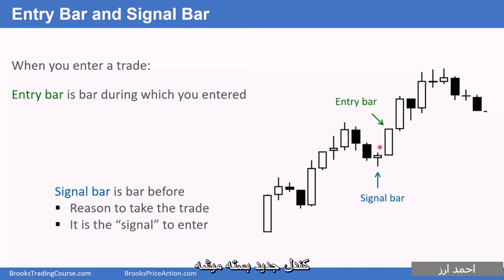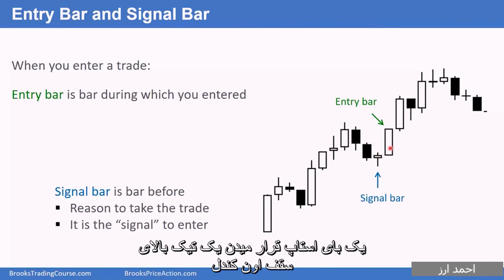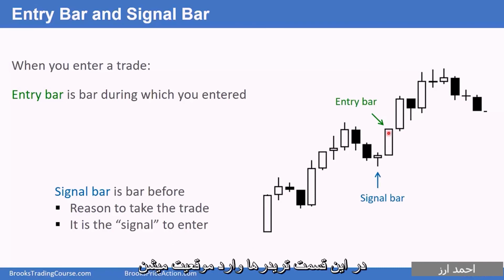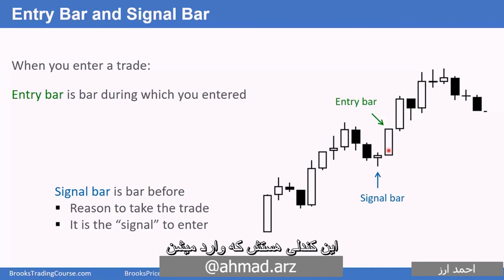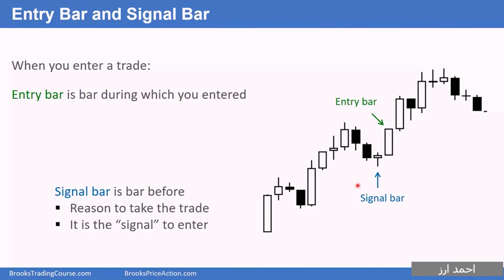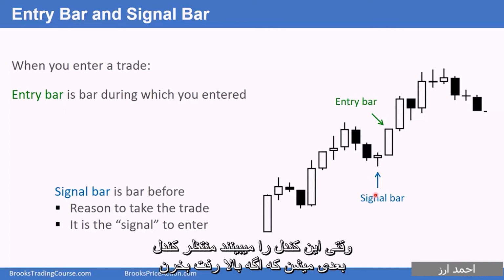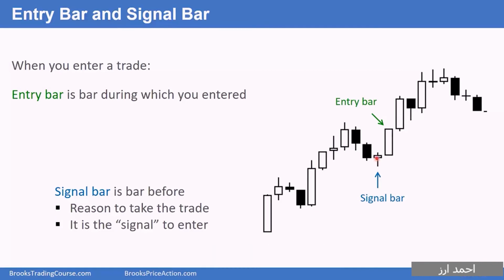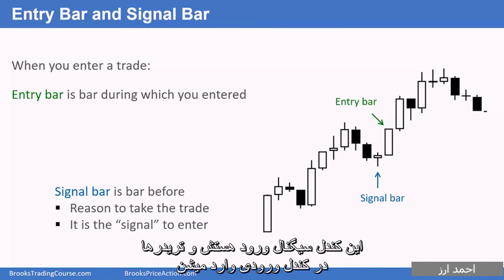A new bar closes, they place a buy stop 1 tick or 1 pip above the high of that bar. And in this case, the trader did get filled. This is the bar when they enter their trade, so it's the entry bar, and this is the bar that signaled the entry. When they saw this bar, they thought, if it goes above the high of this bar, I want to get long. This is the signal bar, and traders get in on the entry bar.